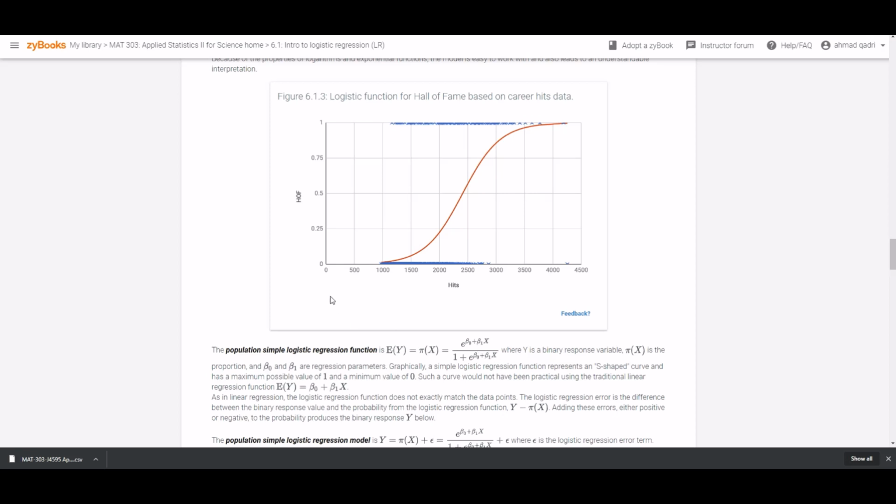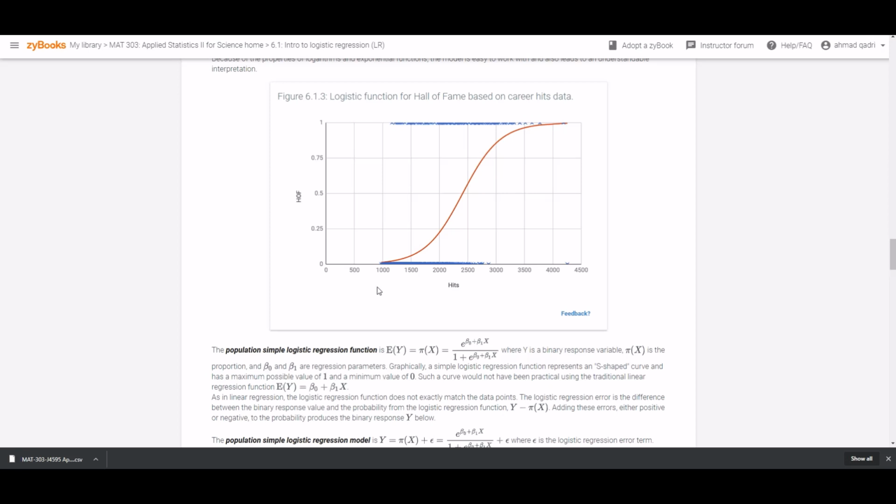Okay, so now let's look at this plot here. So this figure 6.1.3 is a logistic function for Hall of Fame based on career hits. So the x-axis here shows the number of career hits, and the y-axis is the probability that the player was inducted into the Hall of Fame.